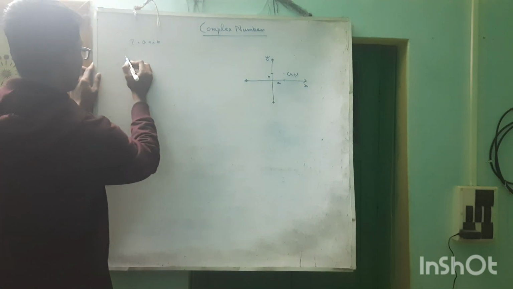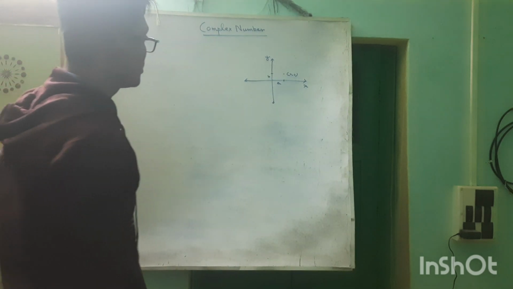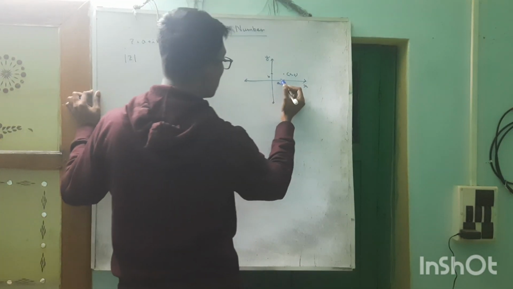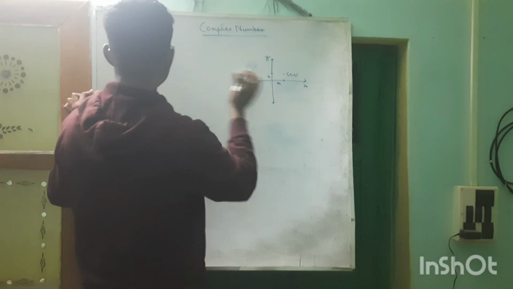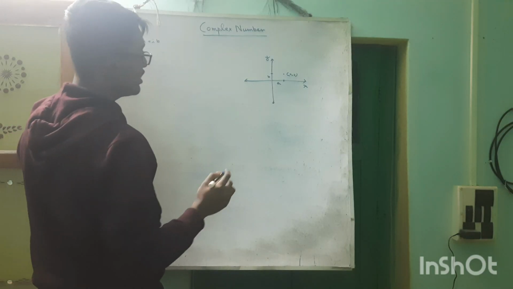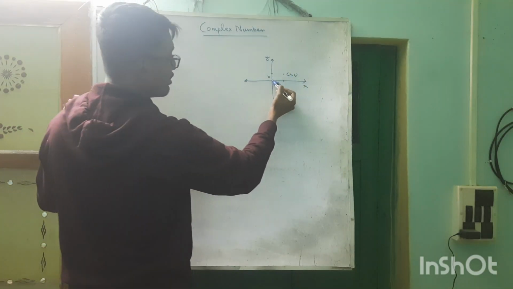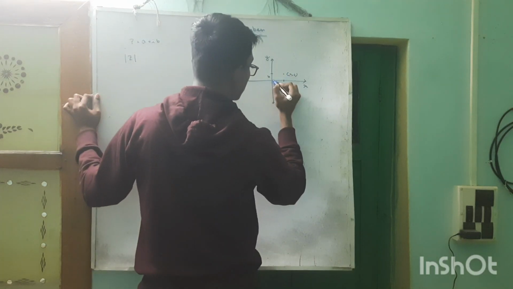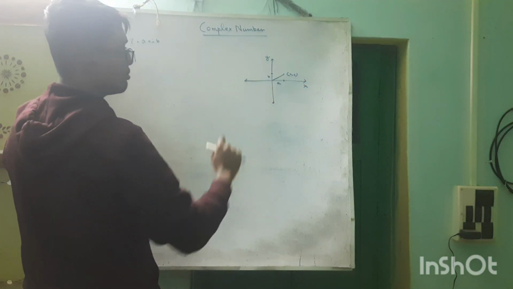We denote it as mod z. Okay, it means the modulus of a complex number. Modulus of a complex number is the distance of that point from the origin. Okay, so this distance is the modulus of that complex number.